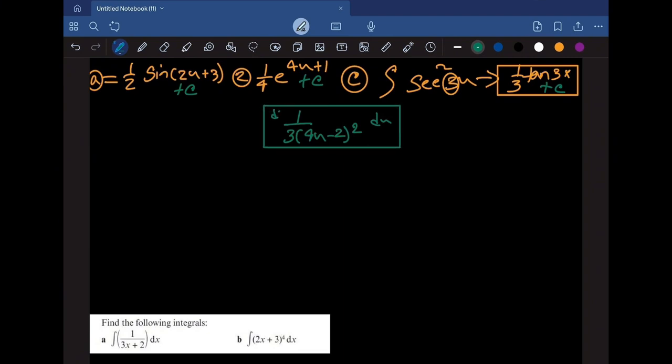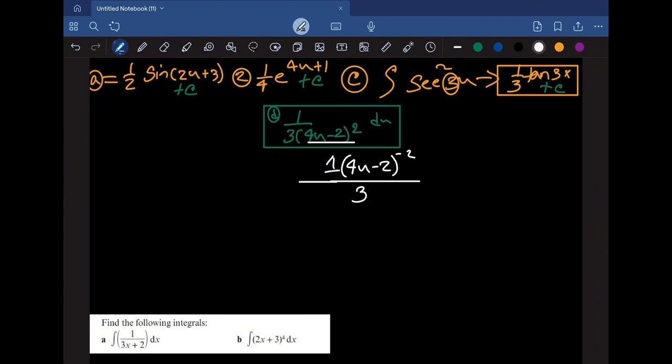Let's say this is example D. What we will do first is take this (4x minus 2) squared above. So we'll write it as (4x minus 2) to the power minus 2, the sign will change, and then 1 divided by 3. It will look like this.